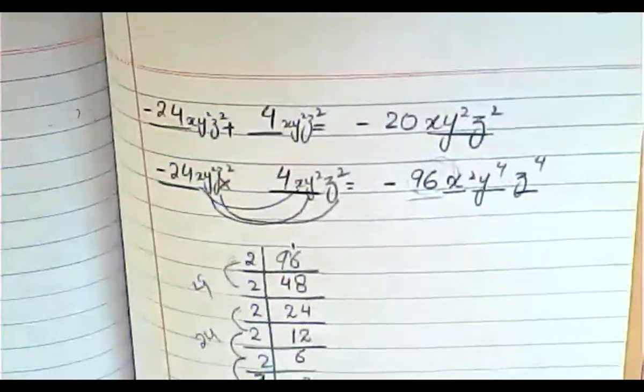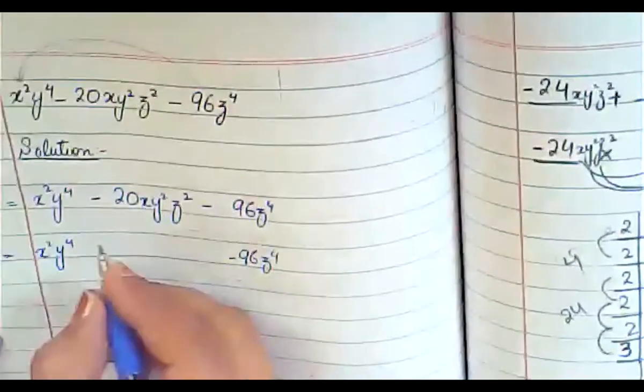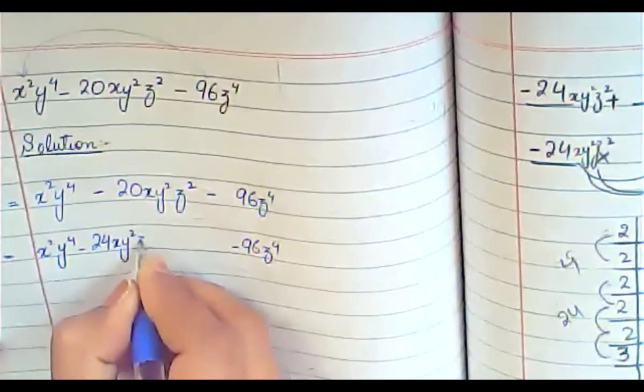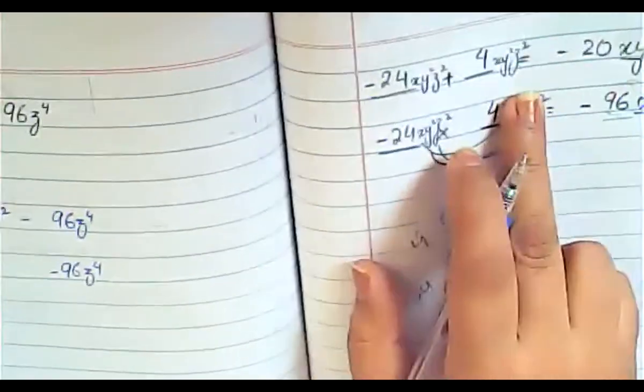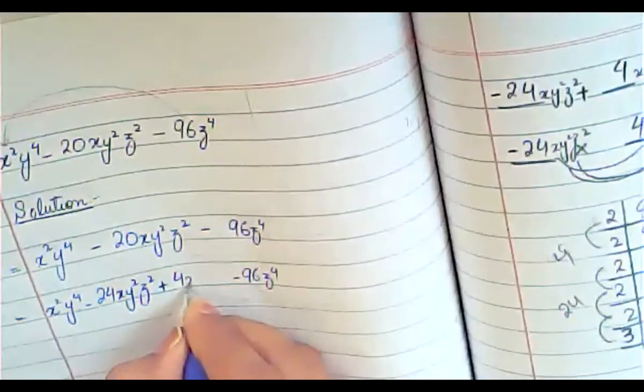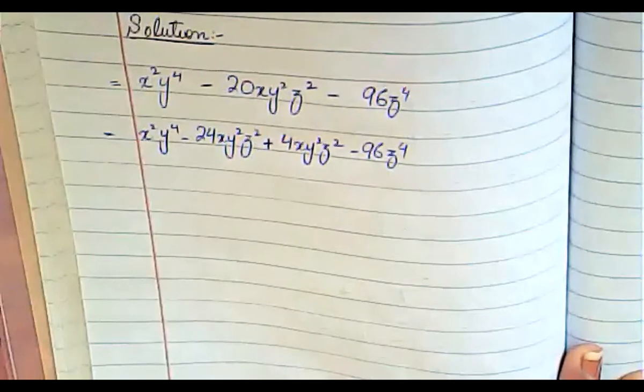Okay, now look here. The first term is this one, which is minus 24 x y square z square. Next is this one, plus 4 x y square z square, right? Now in the next step, you will take the common.